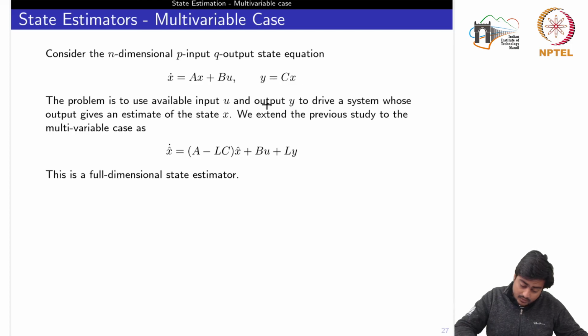So we need to compute X given the information of U, Y and A, B, C. Okay. So we can extend the previous study to the multivariable case as this one. So this observer, we also call it the Luenberger observer, which is X hat dot is equal to (A minus LC) X hat plus BU plus LY. So this is basically the full dimension observer.